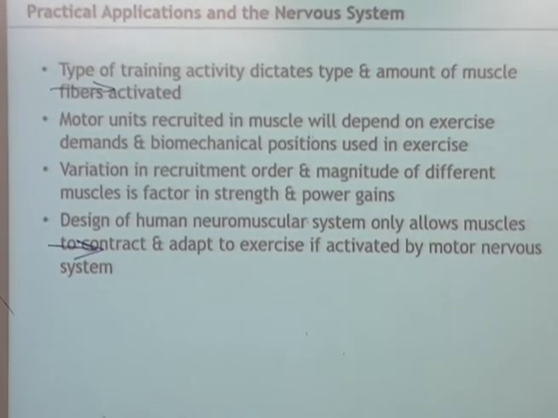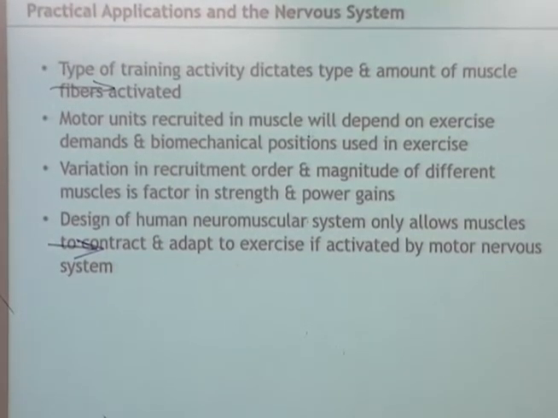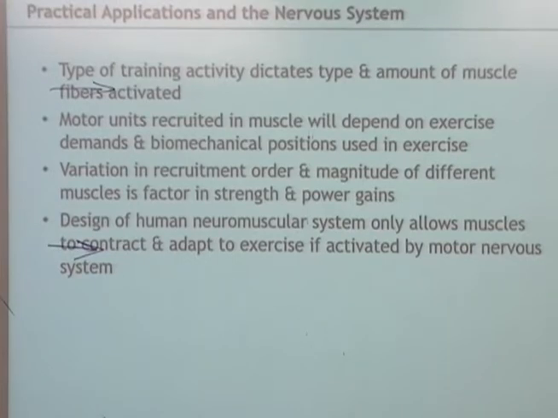So remember, at one point we were talking about the fact that we need the most effective overlap position. So the most effective angle where I can create the best force may not be the angle I need for that skill. So biomechanics is playing a role.